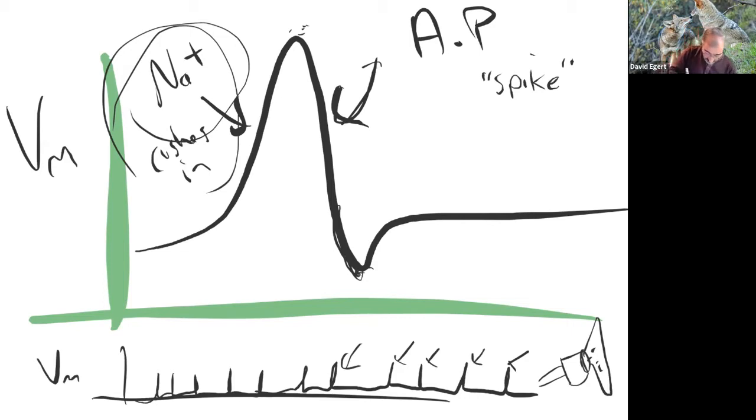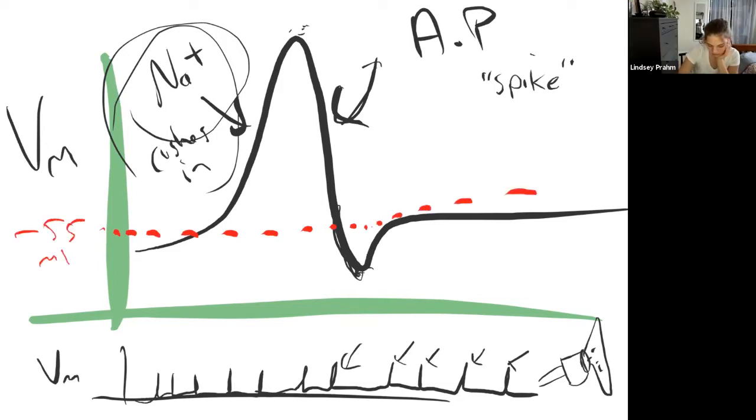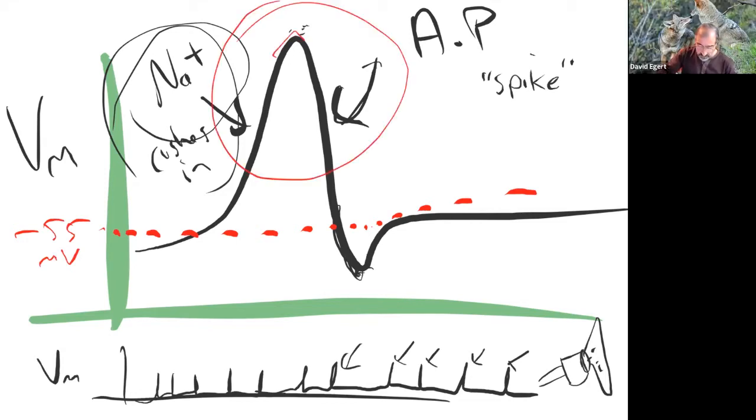Remember threshold, we should put our threshold in here. As long as you're up above threshold, the sodium gates wouldn't officially be closed. They're closed when you're down below threshold.